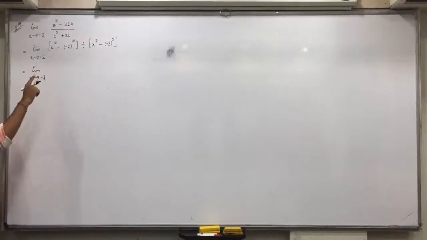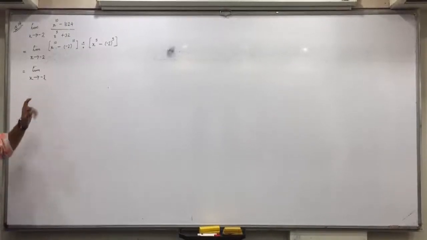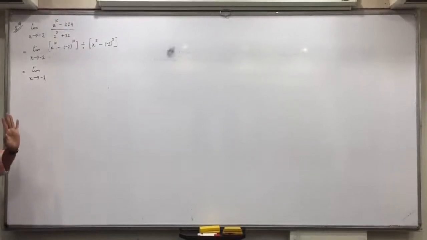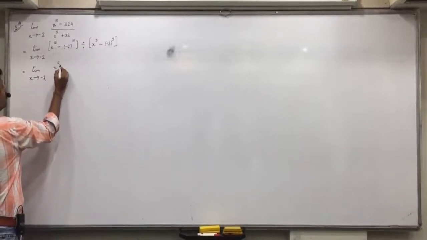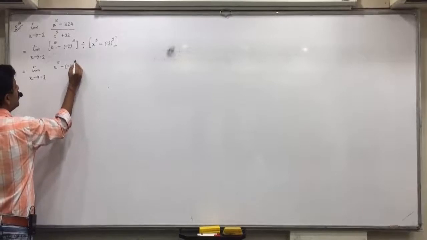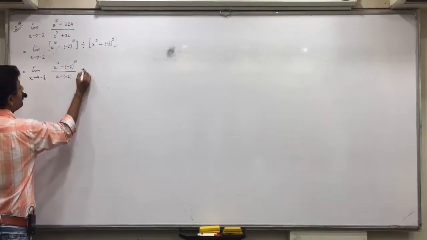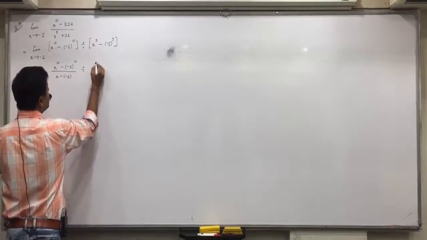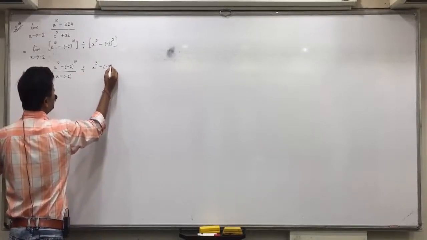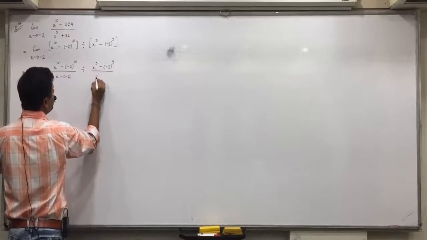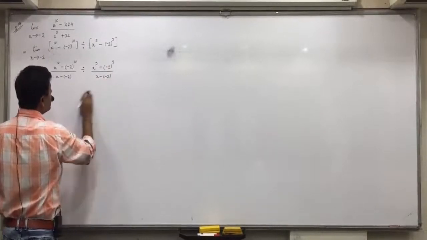Both of them you will divide by x minus minus 2. You write x minus minus 2 only. Don't write plus 2. So it's x raised to 10 minus minus 2 raised to 10 upon x minus minus 2, divided by x raised to 5 minus minus 2 raised to 5 upon x minus minus 2.